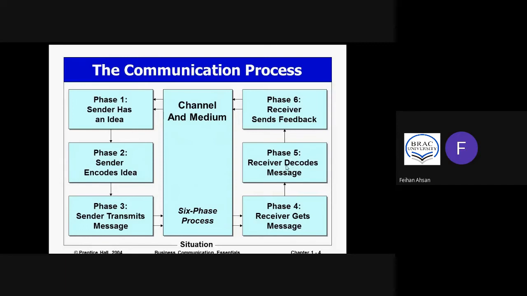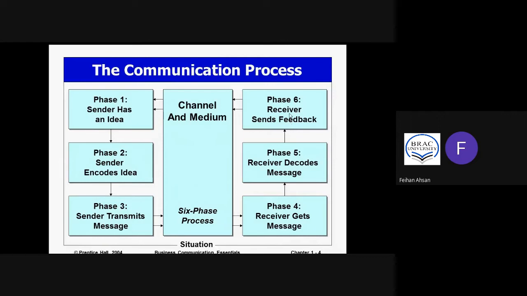Now, this is important because the decoding of the message depends upon the frame of reference of the receiver. Everyone has a different frame of reference based on their background, previous knowledge about the topic, general knowledge, culture, and so on. So everyone will interpret something differently. It might be the same thing, but people might interpret it differently based on their frame of reference.